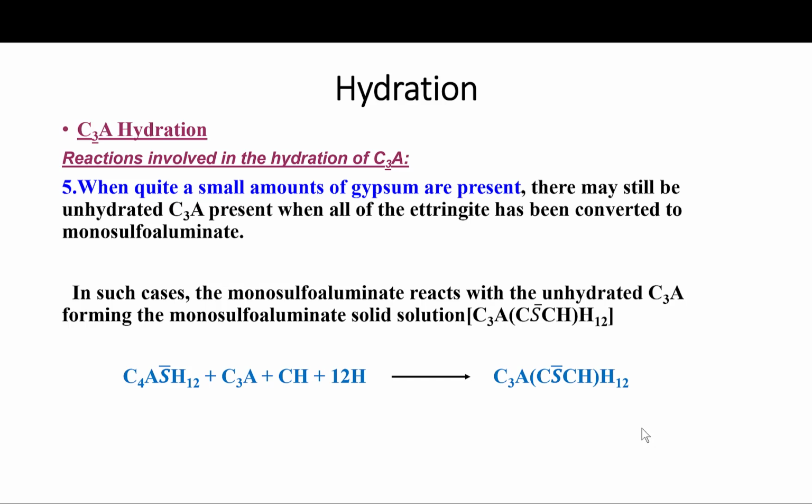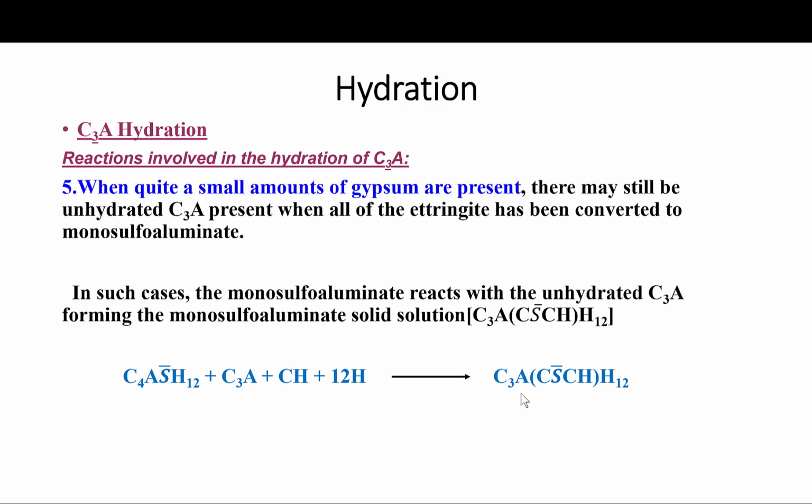When a small amount of gypsum is present, there may still be unhydrated C3A present when all the ettringite has been converted to monosulfoaluminate. In such cases, the monosulfoaluminate reacts with the unhydrated C3A, forming the monosulfoaluminate solid solution with this chemical composition right here, according to this equation.